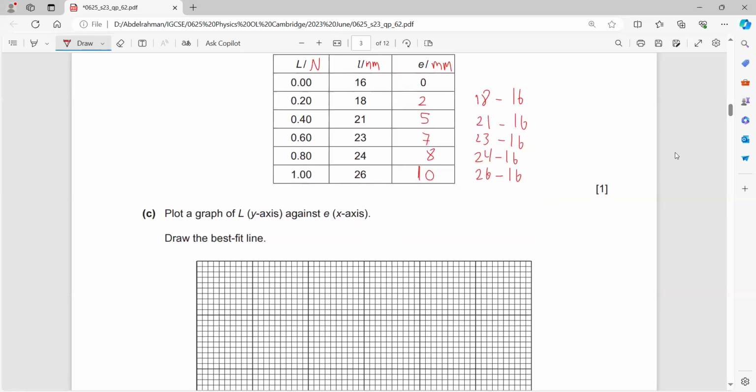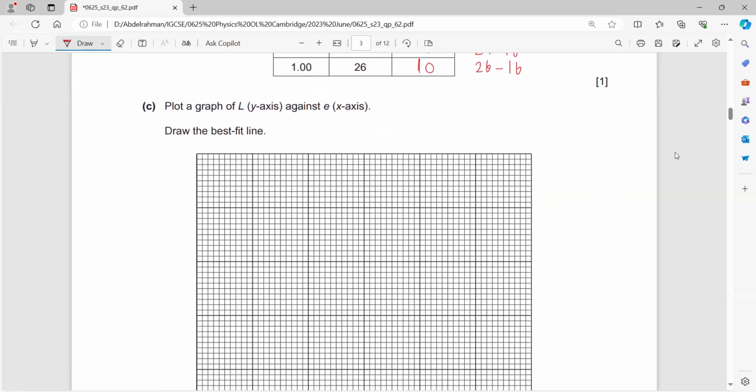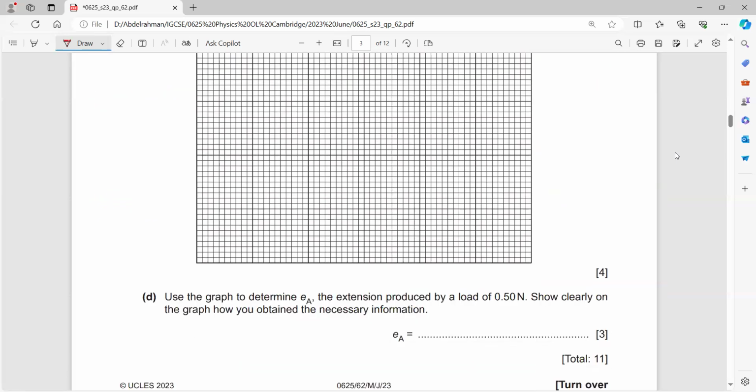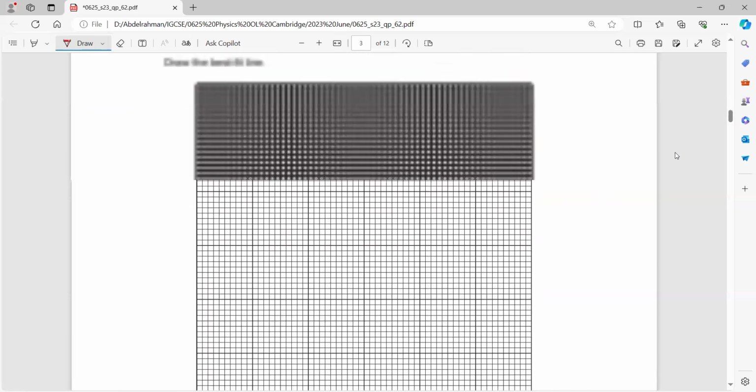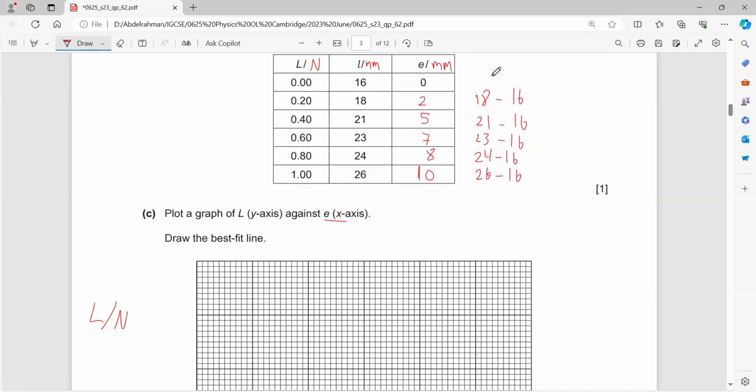Plot a graph with L on the y-axis and E on the x-axis. On the y-axis, L slash newtons, and on the x-axis, E slash millimeters. Let's plot the graph. L starts from 0 all the way to 1. It's quite easy: 0.2, 0.4, 0.6.